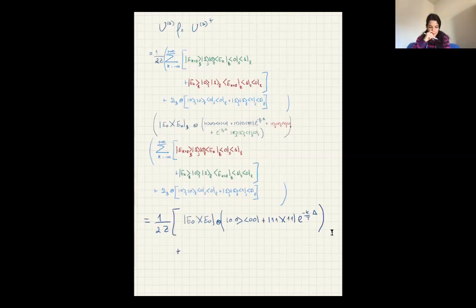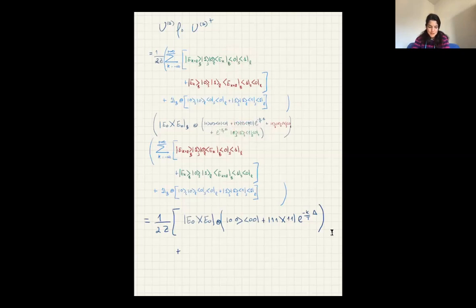Plus, so what happened to the green terms? When this green hits here, it takes this E0 to E1, right? Because it takes Ek to Ek plus L, and there's only 0 here. But then the only thing that survives on this side will be this thing here, where we have this inner product 0, 0, 1, 1, that's 1.